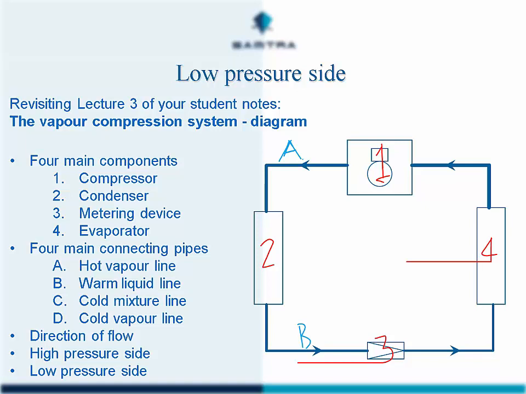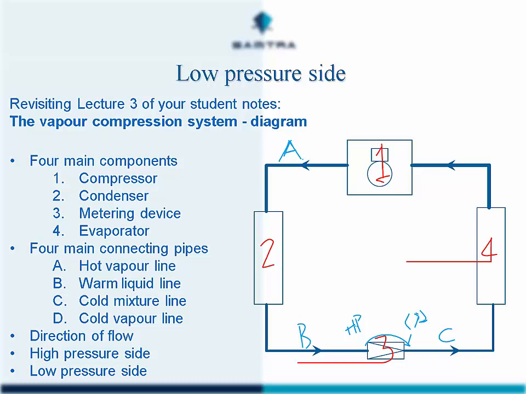Okay, so the next one, the cold mixture line. As the refrigerant passes through the expansion device over here, it goes from high pressure to low pressure.